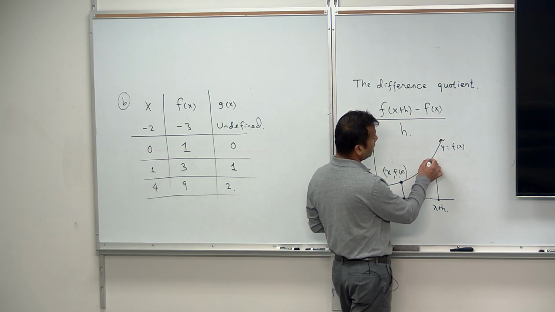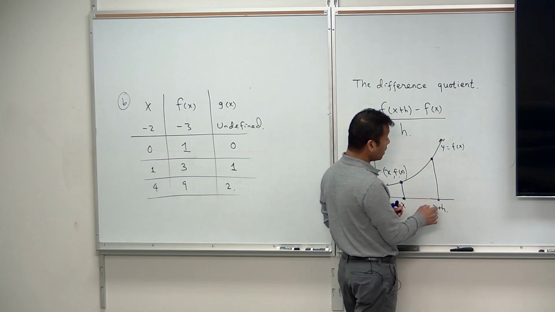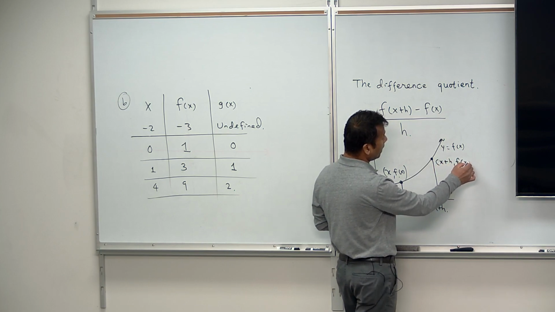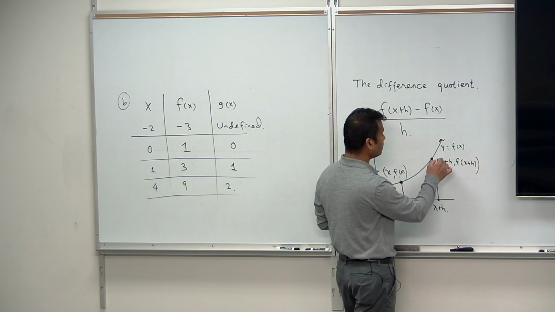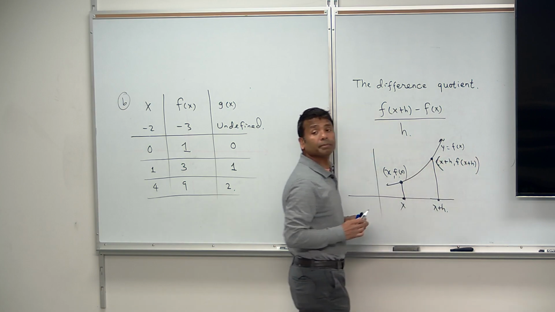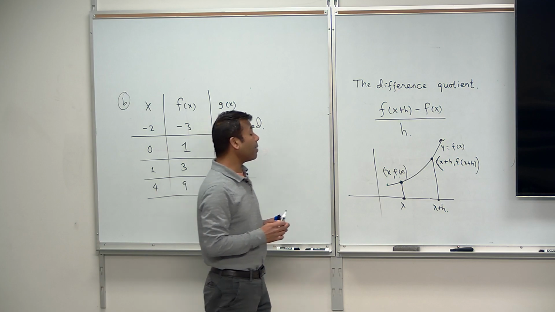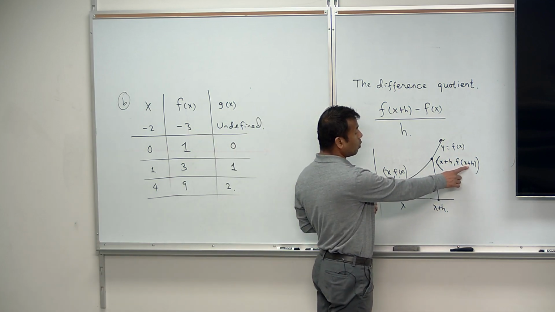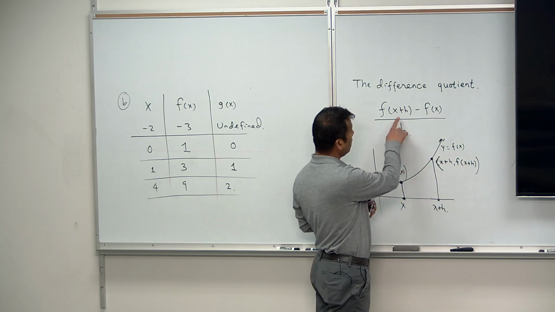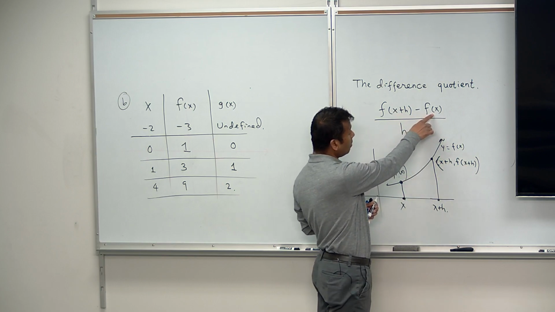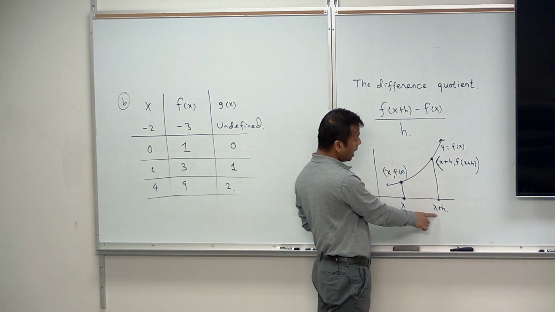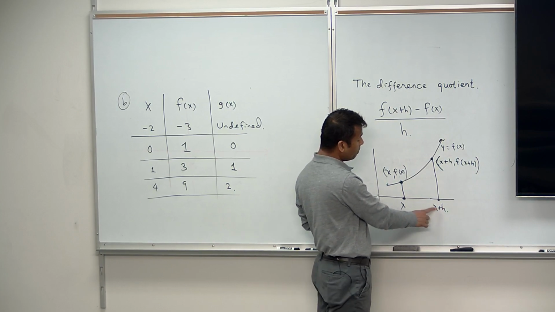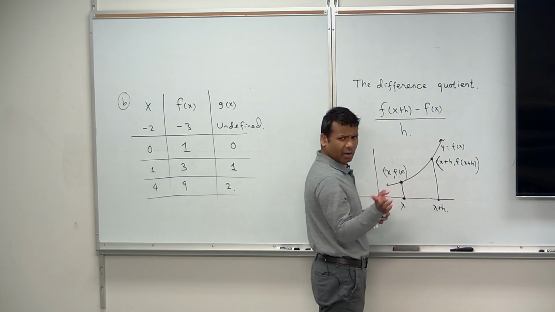And this point here is going to be (x plus h, f of x plus h). See that? Right? And if you find the average rate of change, f of x plus h, this is y2 minus y1: f of x plus h minus f of x, over x2 minus x1, x plus h minus x. Are you with me?